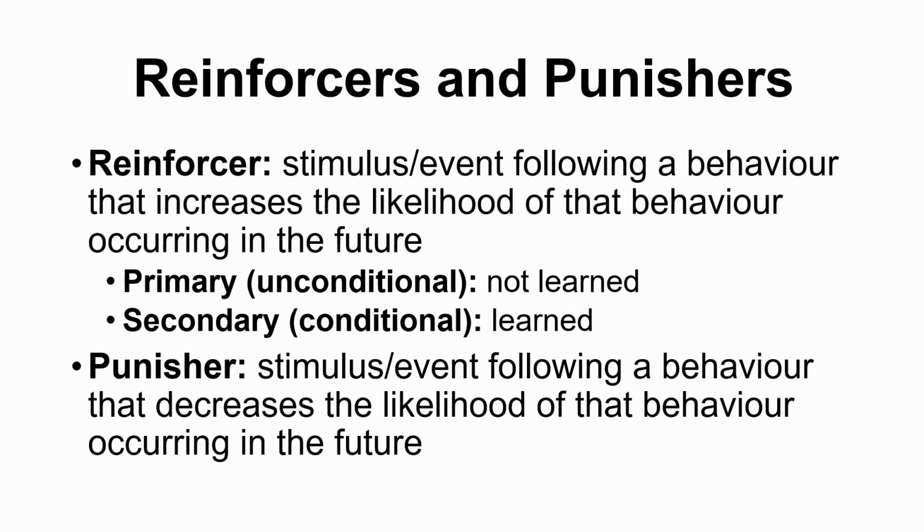So receiving money can still be reinforcing, but only because you have learned that it is valuable and can be redeemed for other kinds of reinforcers. You could use money to buy food or things that you like. So money is a secondary reinforcer, whereas food and other things that you naturally like without any learning would be primary reinforcers.